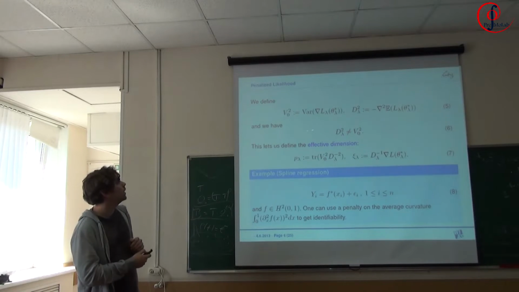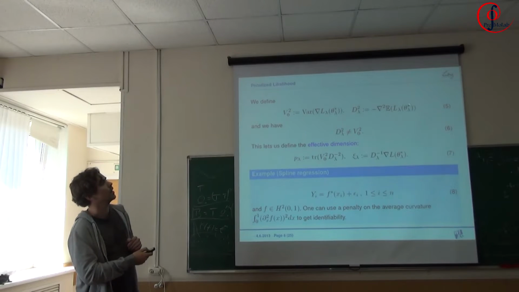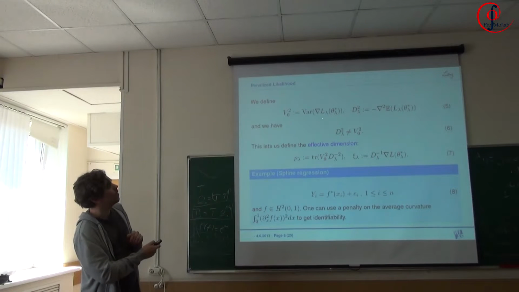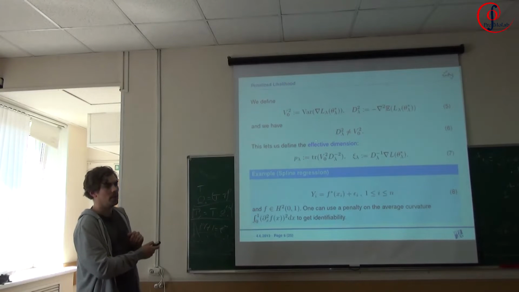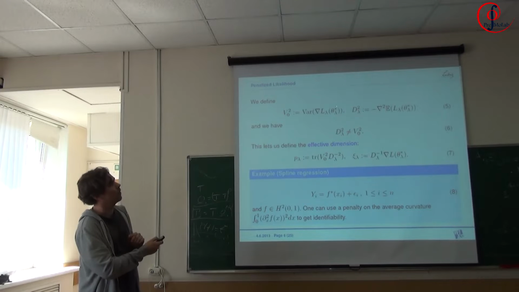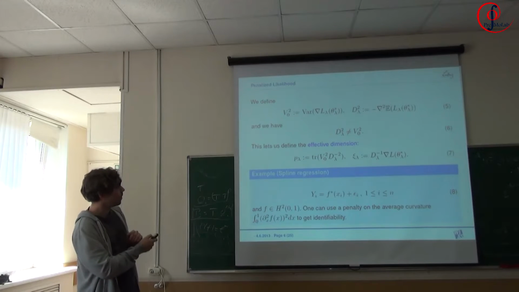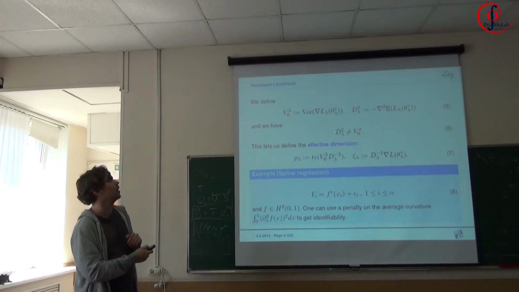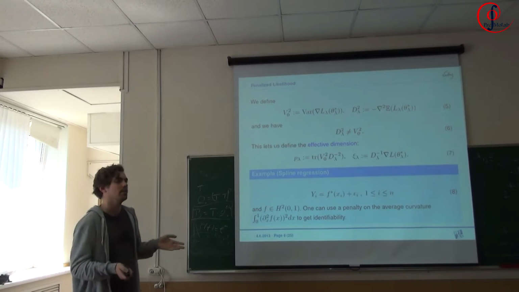To define the Hessian, delta lambda square is just the minus the Hessian of the expected value of the likelihood here. So everywhere we put lambda for the likelihood with the tuning parameter lambda, penalized likelihood, and this is the oracle of lambda. This is just the variance of the score. As I said, it's the Fisher information. And we have an inequality between these two, which is an equality in the well-specified setting.